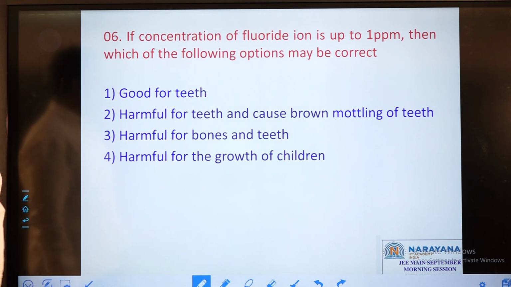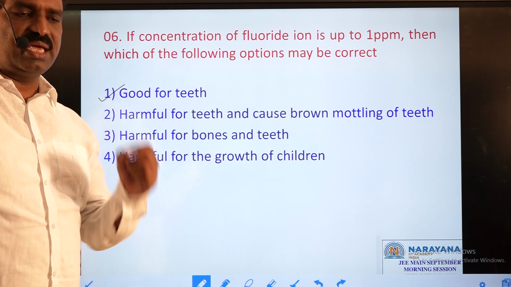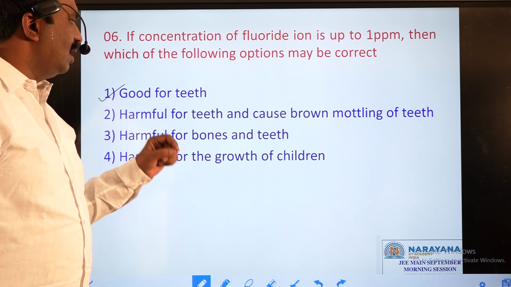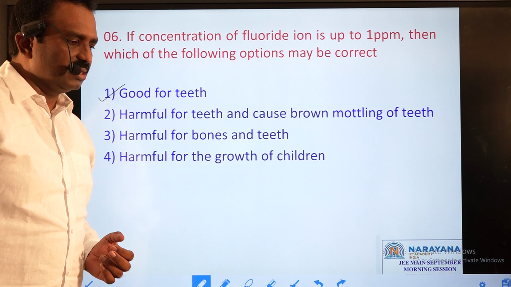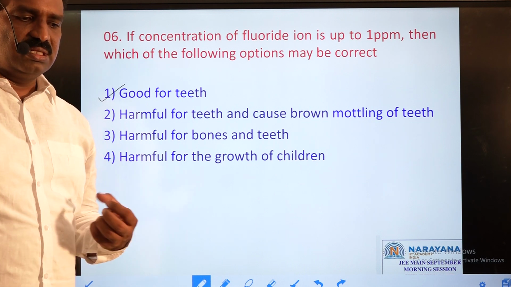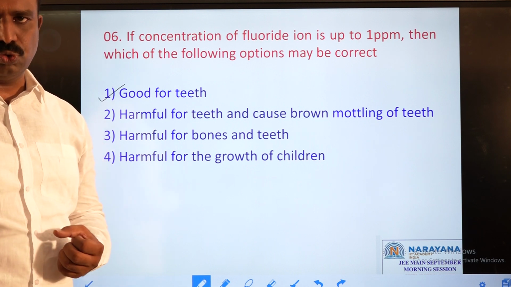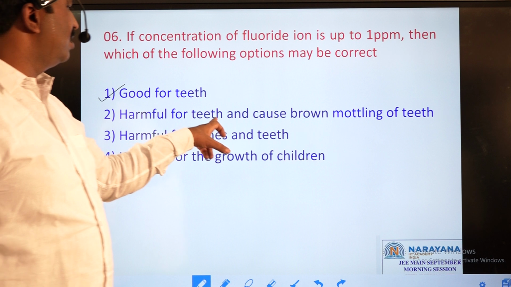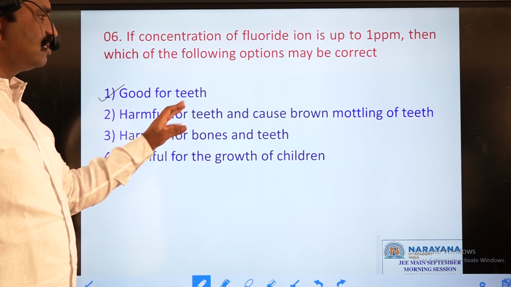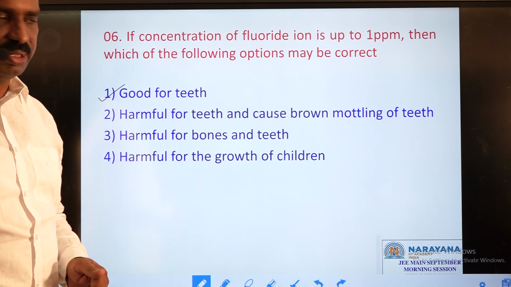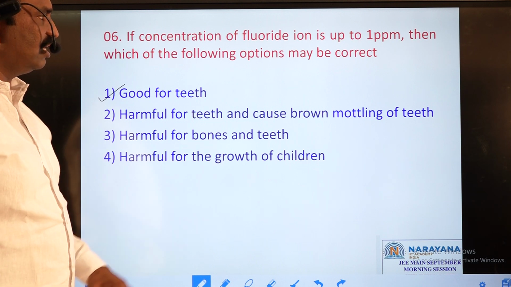Good for teeth, no doubt, because less than 1 ppm causes cavities in teeth, and more than 2 ppm leads to fluorosis, that is, it causes softening of bones and also yellowing of teeth. Harmful for teeth and causes brown mottling of teeth. This is with high concentration, meaning more than 2 ppm. Harmful for bones and teeth, not correct. Harmful for the growth of children, it is not correct.